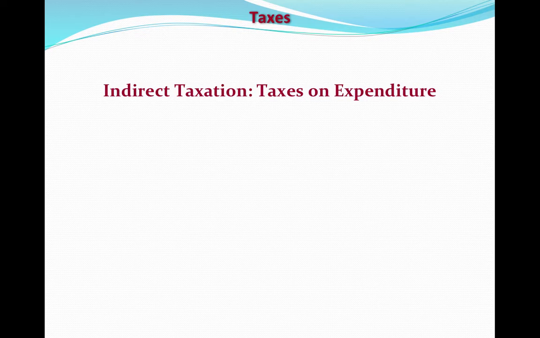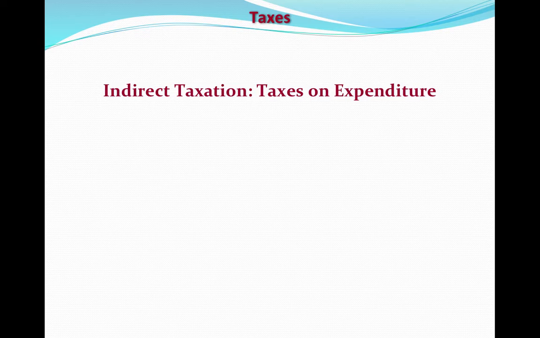The government takes it from you directly, whereas an indirect tax is where the government usually takes the money away from you via a third party. It doesn't directly take it from you. Someone else takes it from you for the government. The best way to think of this is taxes on expenditure.